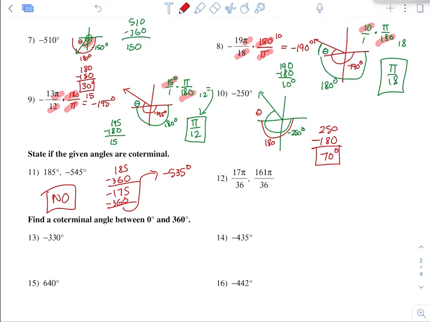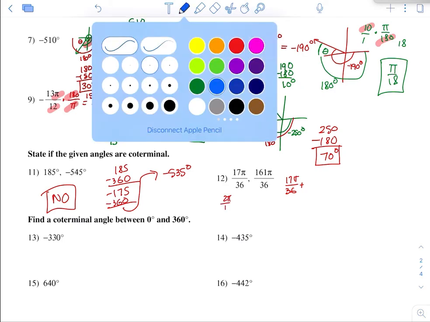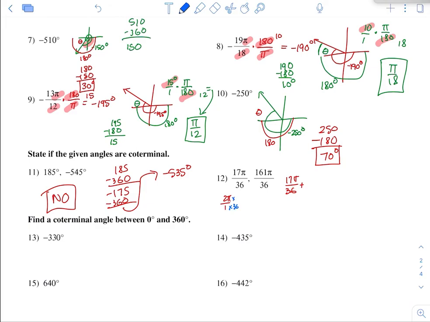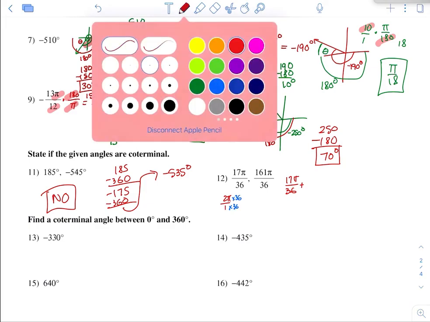Alright, 12. So these are in radians. In order to do this with radians, we start from here. If we have 17 pi over 36, in order to get to 161 pi over 36, potentially we just have to keep adding 2 pi. 2 pi, if we want a common denominator of 36, we multiply top and bottom by 36.